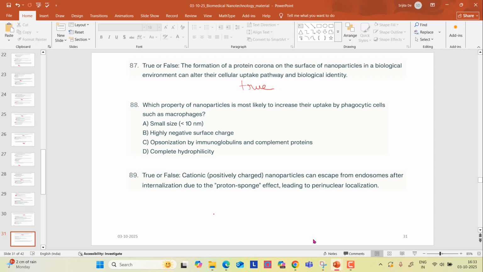This is option C. Cationic or positively charged nanoparticles can escape from endosomes after internalization due to the proton sponge effect, leading to perinuclear localization. Yes, that's true.